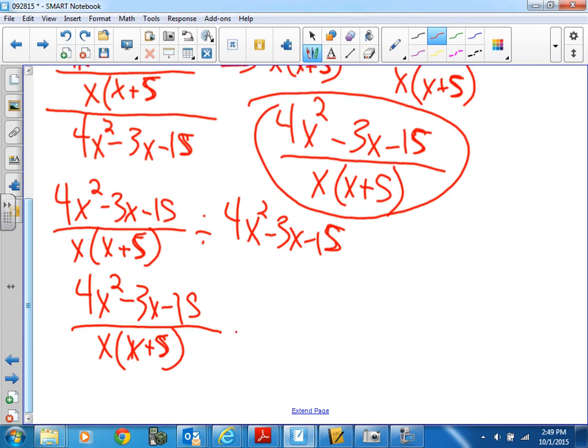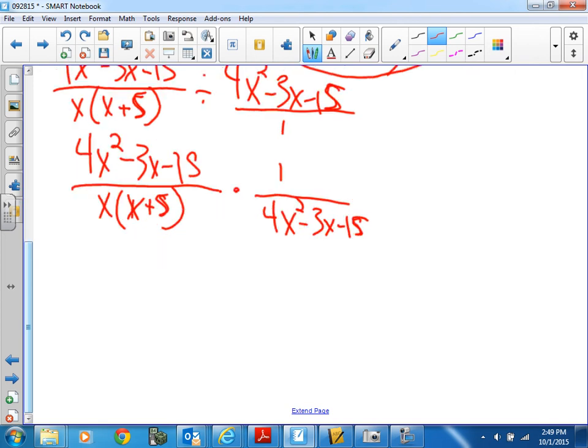And that's times, now remember, this is over 1. So I have to do times 4x squared minus 3x minus 15. And very nicely, we have the canceling out of this entire thing goes to 1. So 1 times 1 is equal to 1. And on the bottom, we have x times x plus 5.